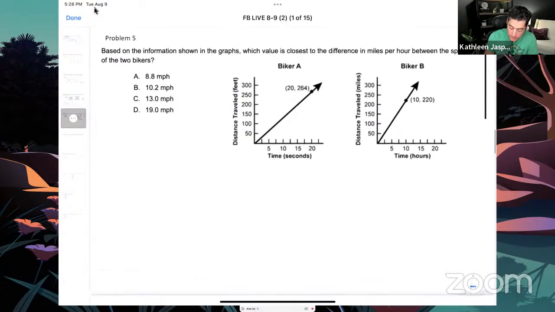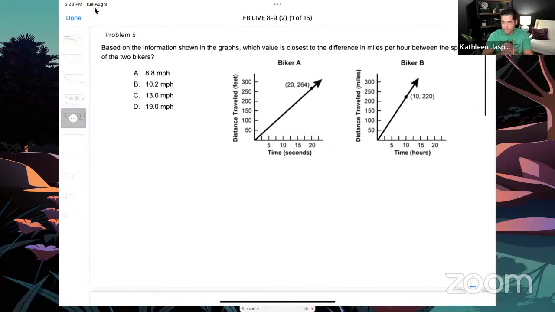Okay. All right. This one's an interesting problem. I like this problem just because of the way that they got it set up, and you've got to make sure you understand how to read graphs. Based on the information shown in the graphs, which value is closest to the difference in miles per hour between the speeds of the two bikers?